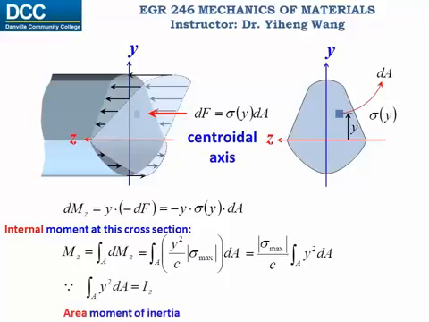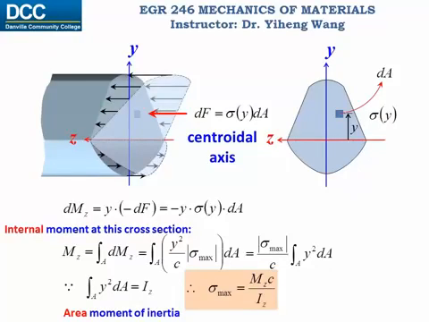This is the moment of inertia of the cross-sectional area about the z-axis, which is a constant for a specified cross-sectional area. From here, we can solve for sigma max, which equals Mz c over Iz.